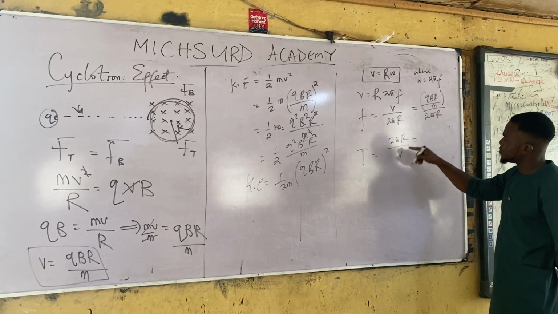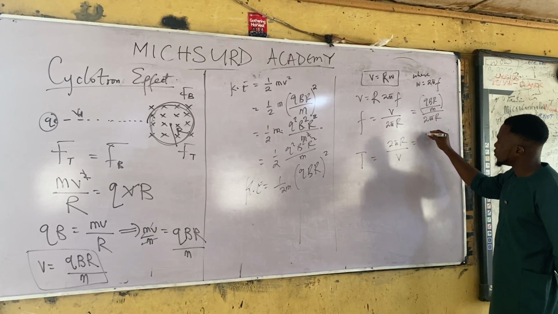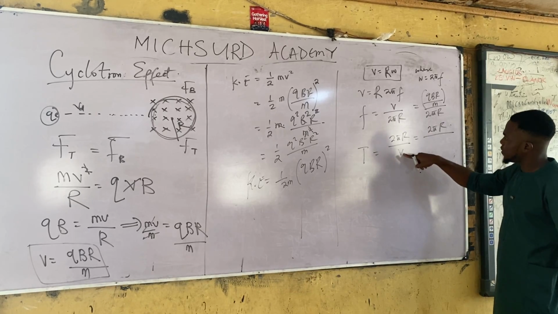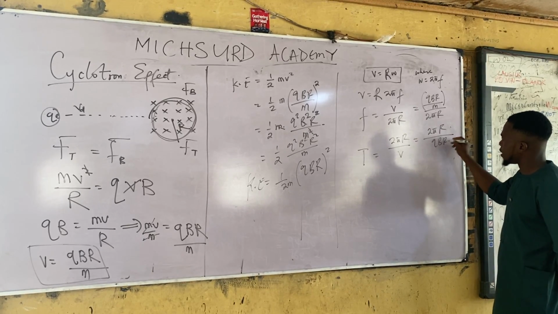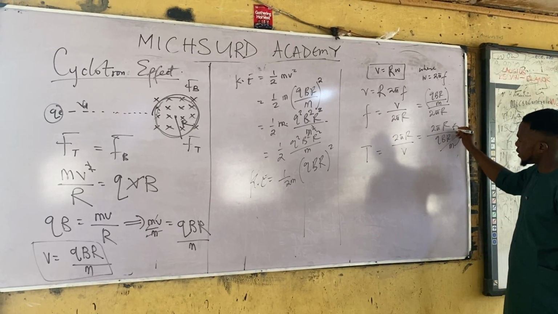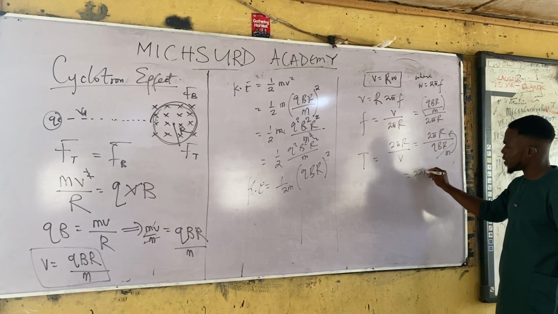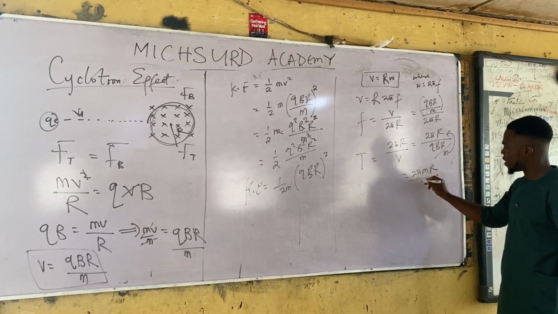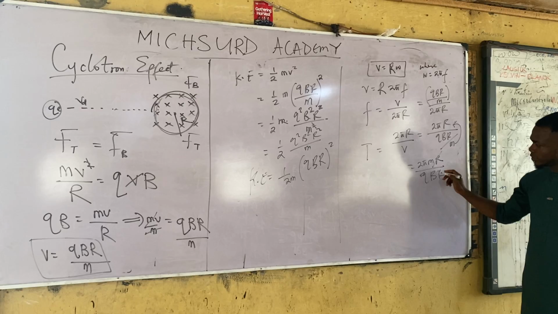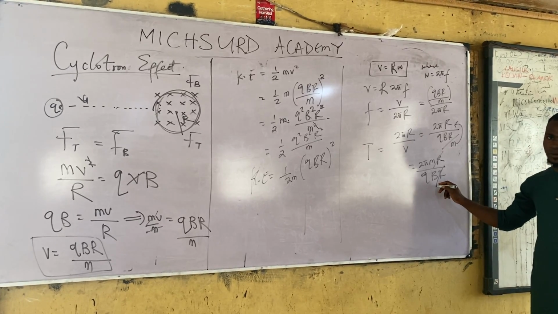Then you can as well make your substitution for v here. You'll have 2 pi r all over v, where v is qBr over m. So m can come up here. You'll have 2 pi m r all over qBr. You can see that the radius cancels out the radius.